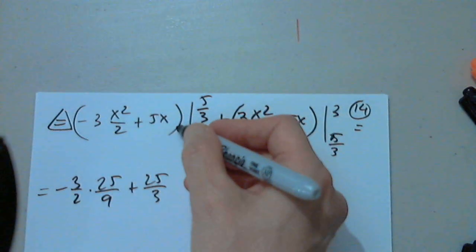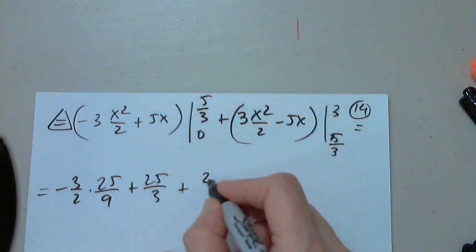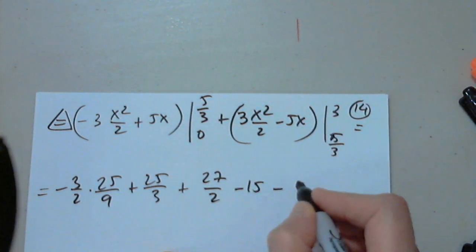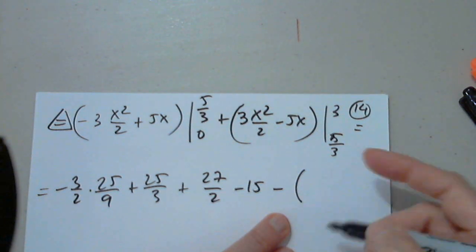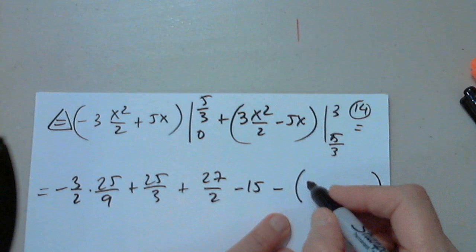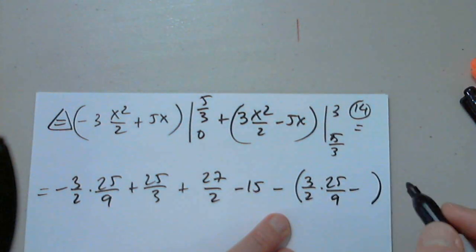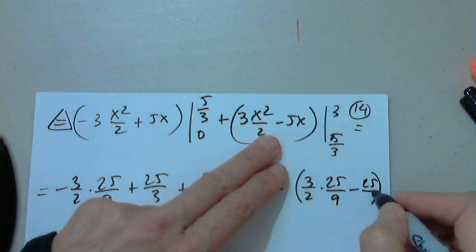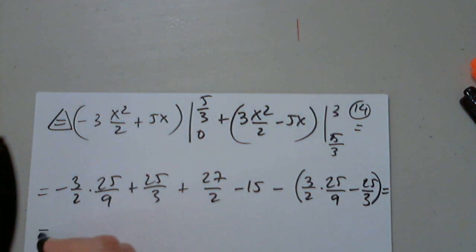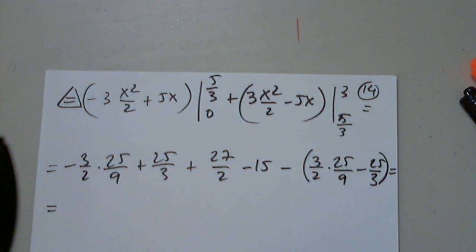Luckily, I don't have to plug in 0 because I get 0. Plus, I plug in 3: 27 over 2 minus 15. But minus, be very careful with the minus. Use parentheses so you don't miss anything. So this is minus 3/2 times 25 over 9 minus 25 over 3. Of course, these are not friendly calculations, but we have to finish them up.